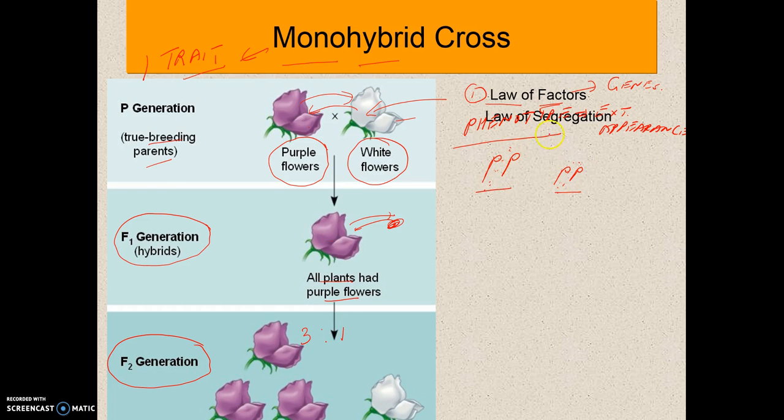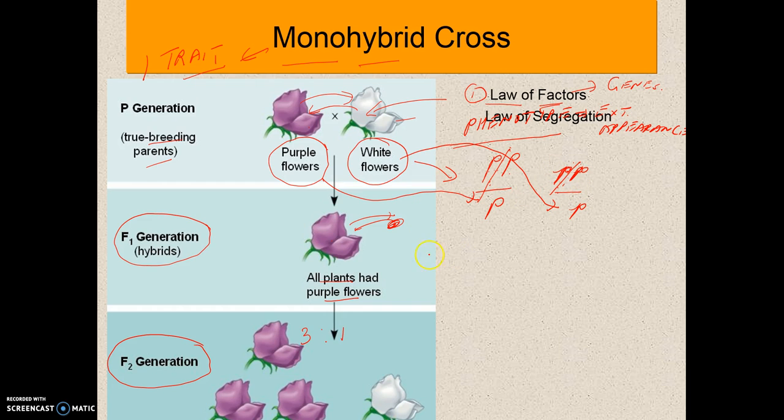So once again, what's the law of segregation? He said factors are paired, and these factors separate during gamete formation. So the gamete in this case would be uppercase P, and the gamete in this case, which is the white flower, would be lowercase p. I'll draw the lowercase p like this so you can see it better.